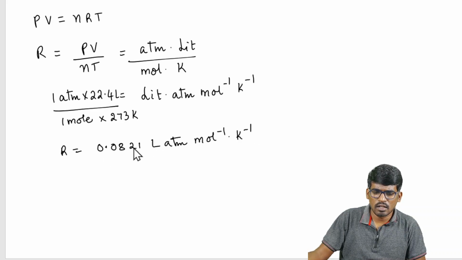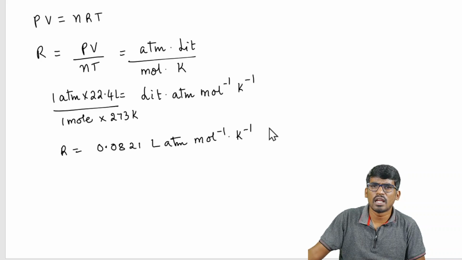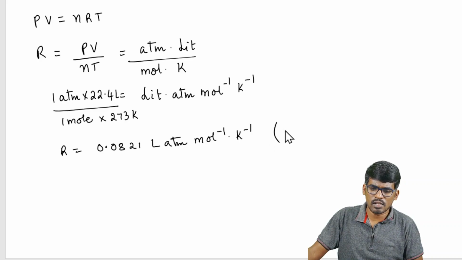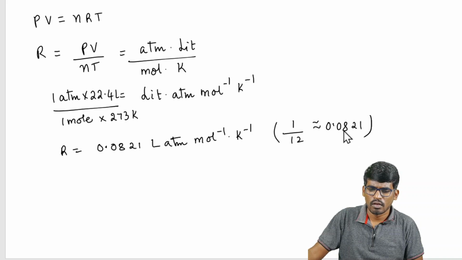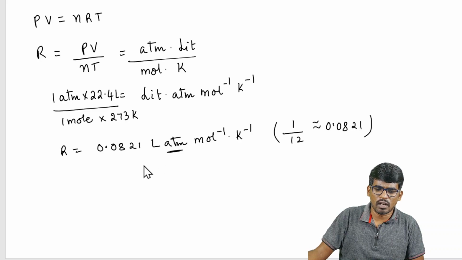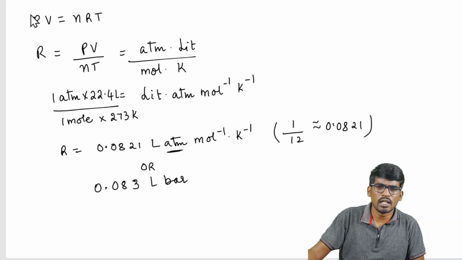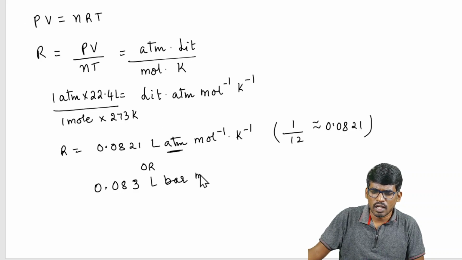For simplified calculations, you better take it as 1 by 12, which is almost equal to 0.0821. But if you take pressure in bar, then it will be 0.083 liter bar, and liter I can take as decimeter cube also, bar mole inverse Kelvin inverse.